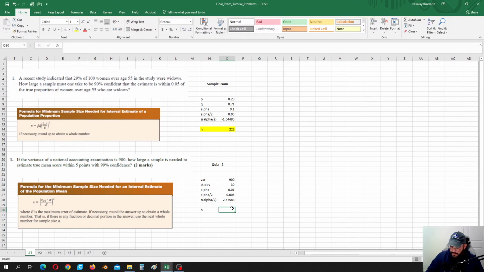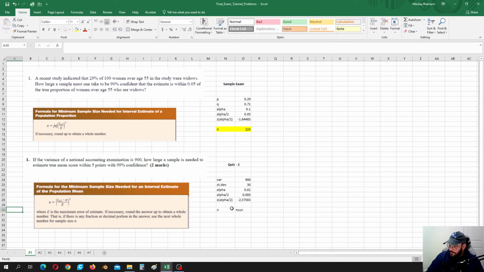and again we round up. This is z alpha over 2.